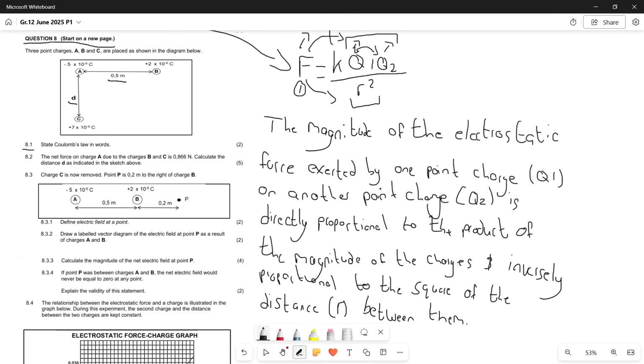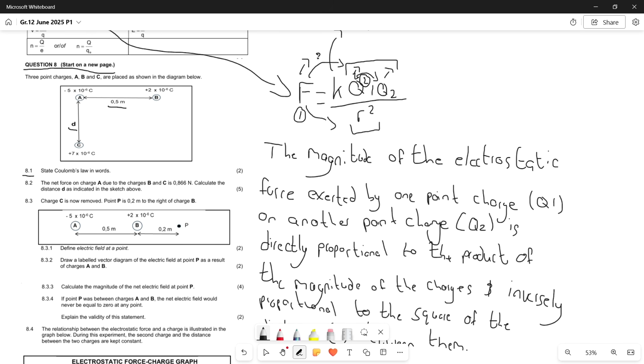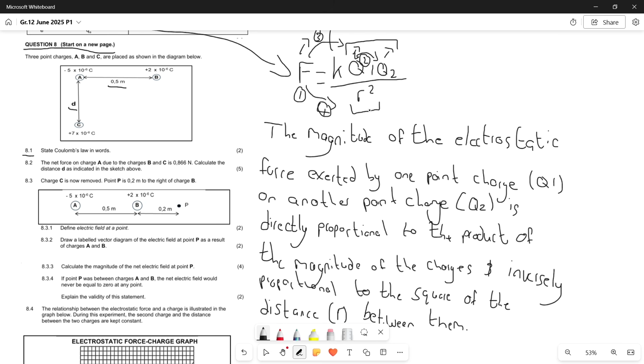So that is Coulomb's law, and that is how we link it to the formula, seeing that we start with the magnitude of the electrostatic force over here exerted by one point charge on another point charge. 2 is over here, is directly proportional, is this 3 over here, to the product of the magnitude of the charges, and then 4 over here is inversely proportional to the square of the distance between them.